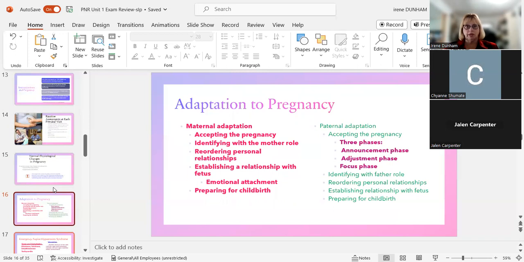Not everybody's very nurturing, so they have to identify with their new role. Then they have to put their own personal life and their relationships in order, because not everybody has a great relationship with their own mother or father or husband or boyfriend, so this all has to be put in order. And then she has to establish a relationship with the fetus, and that's very important. Usually that really comes into play when she has quickening, when she feels the baby move.